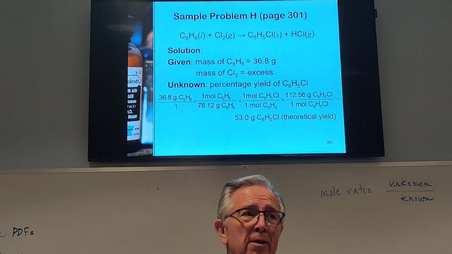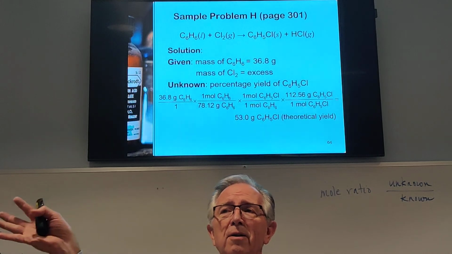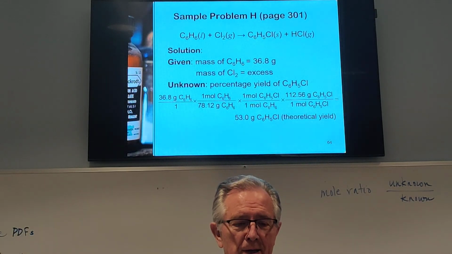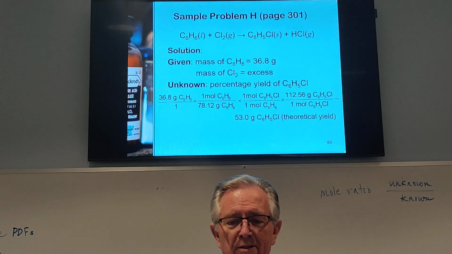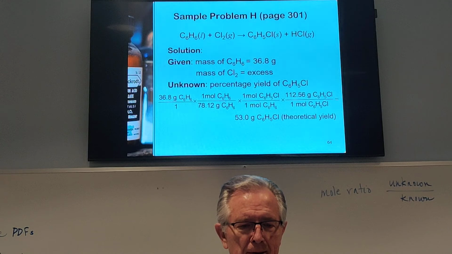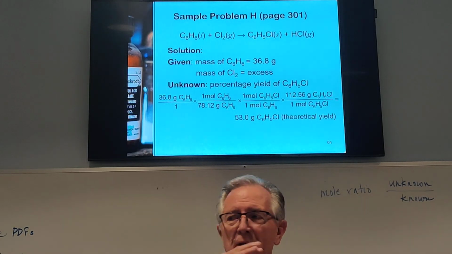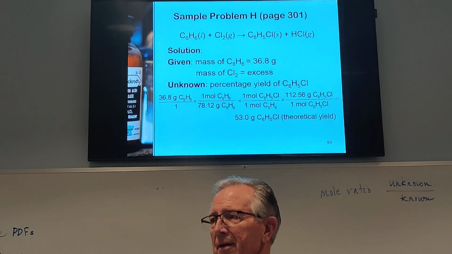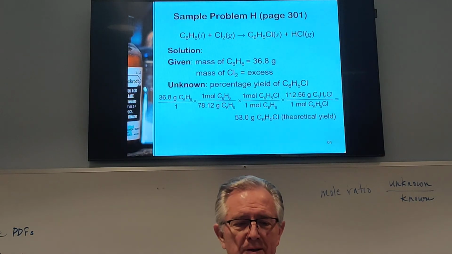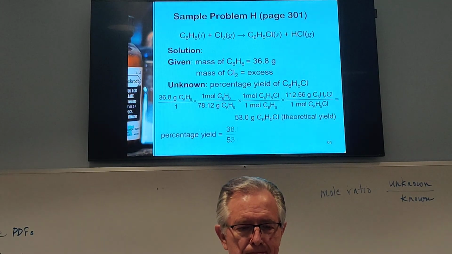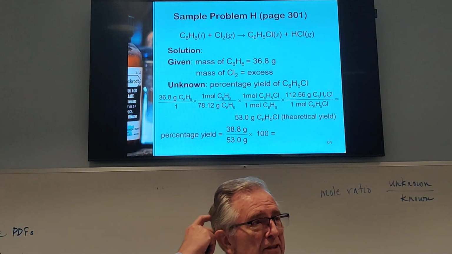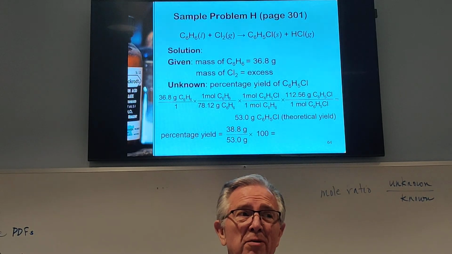That's my theoretical yield. If all of it got used up, I should end up with 53 grams of chlorobenzene. They said I only got how much? On a previous slide, what was it? Well, they said we only got 38.8 grams.